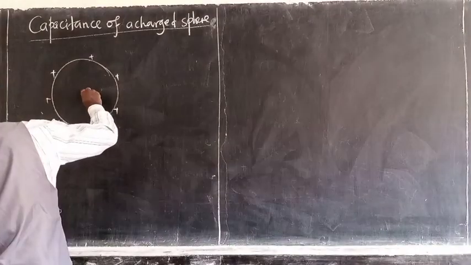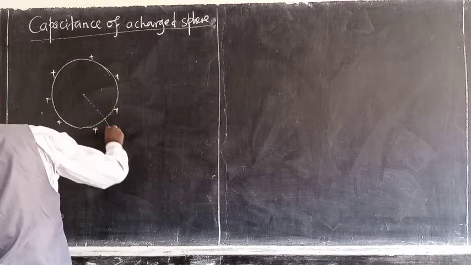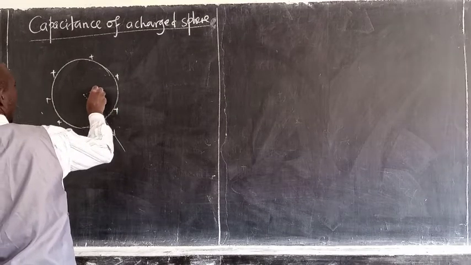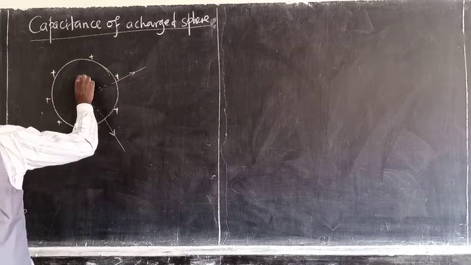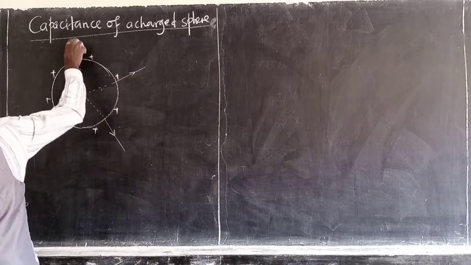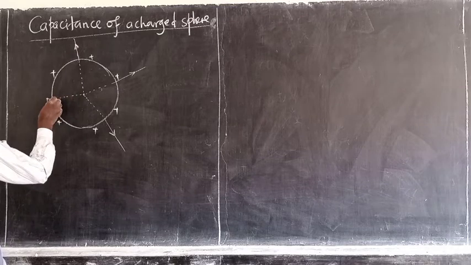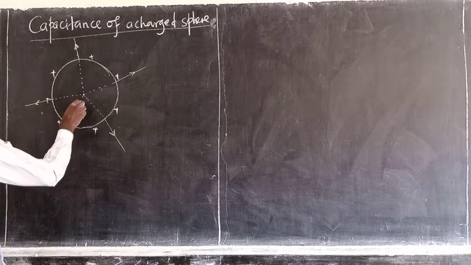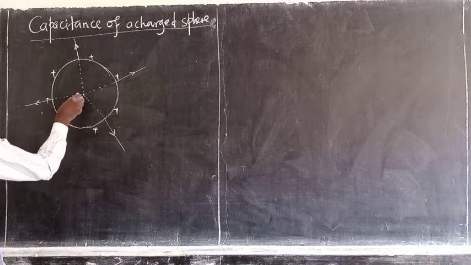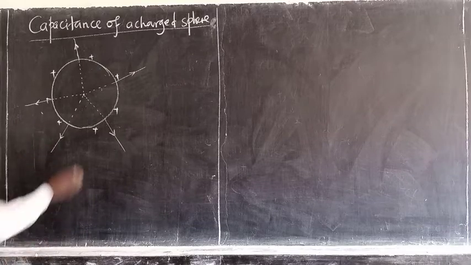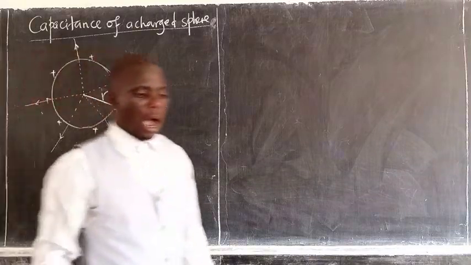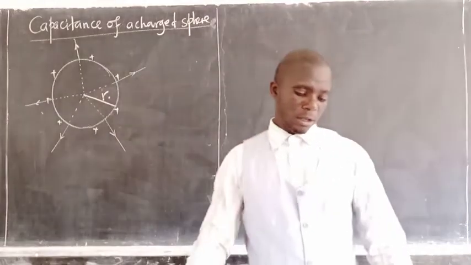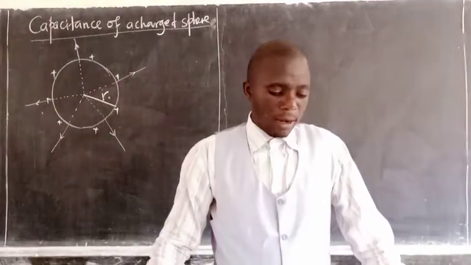So the charges appear as if they are concentrated at the center. You know this one, you have seen, and then we can say maybe it has a radius r.